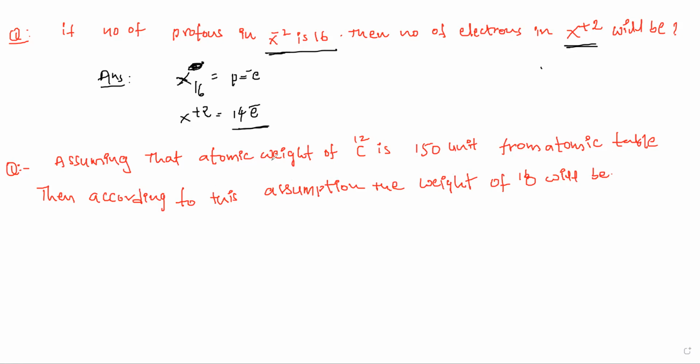Here, assuming the atomic weight of C12 is 150 units, then according to this assumption, what is the atomic weight of O16?